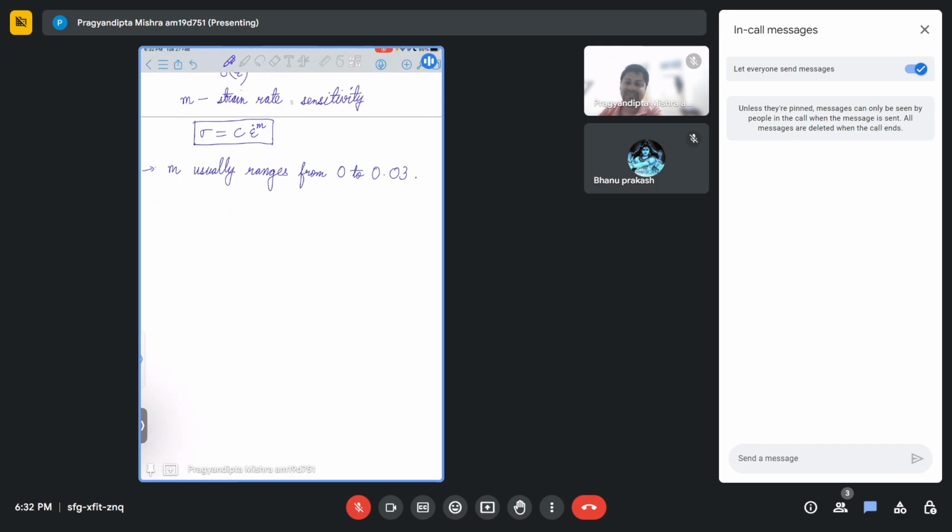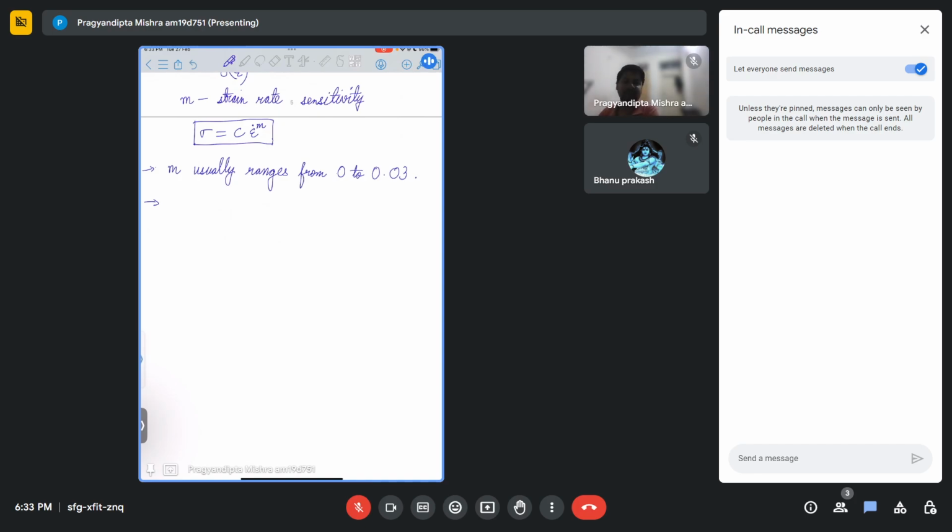If your strain rate sensitivity parameter is not giving you a very high value, then you need to apply a large amount of strain rate in order to achieve even a small change in flow stress, right?